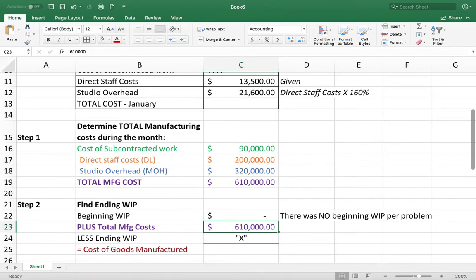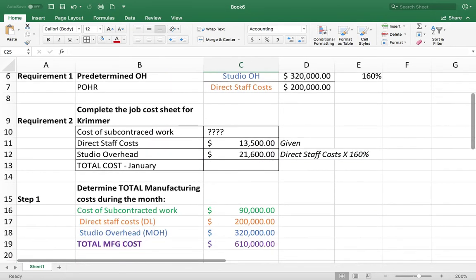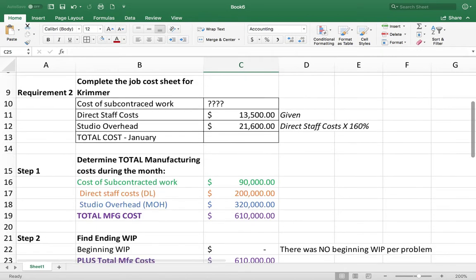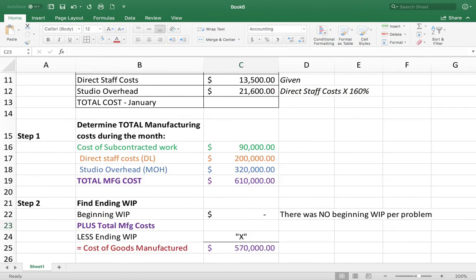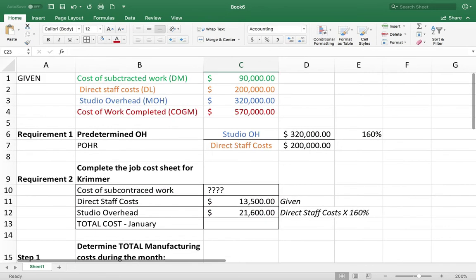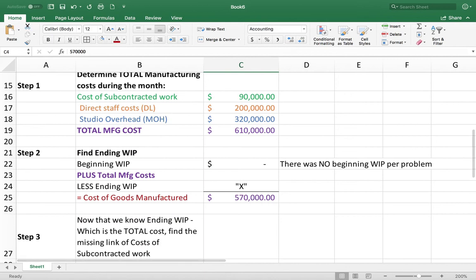So the cost of goods manufactured was actually given to us, wasn't it? The cost of completing $570,000. This is the cost of the goods completed, which was this number back up over in here, which was given to me. So that's down over here. I have figured out right up here what my total manufacturing costs are. Those are 610. So I'm just going to plug that right in here.